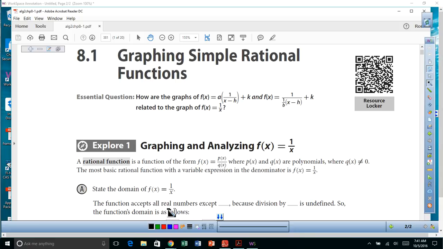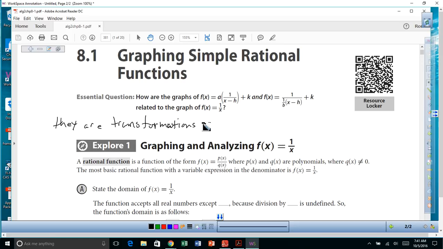These other two are transformations of the graph f of x equals 1 over x.